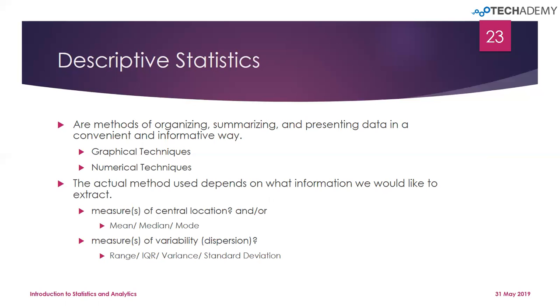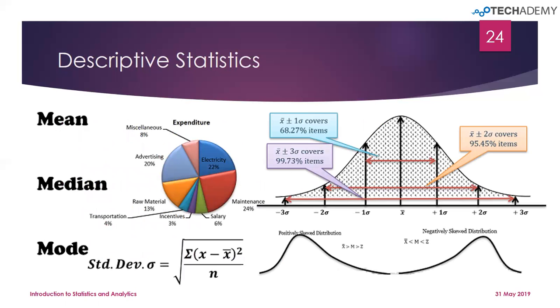I will explain that. The second is measure of variability, which has different kinds of analysis like range, IQR, variance, standard deviation, all these things. We will discuss that as well. Now, what is descriptive statistics? I have put a pictorial representation for you as well, so you can refer to it. It is all about mean, median, mode, standard deviation, and all these things.